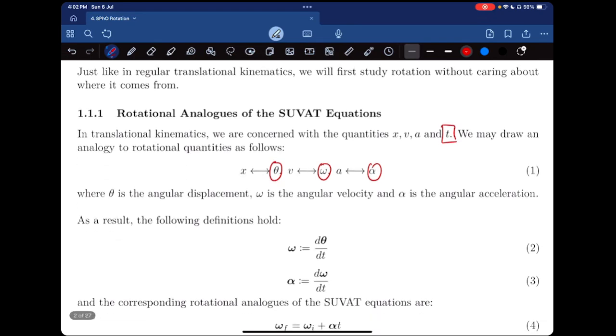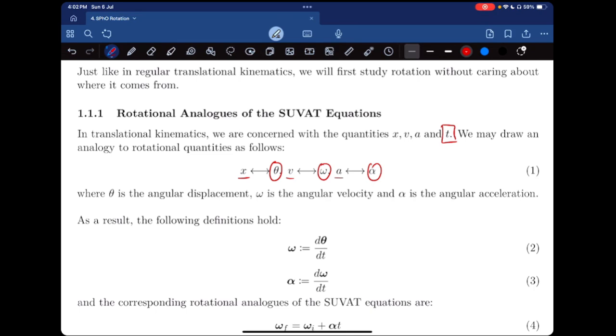And there's a nice way of thinking about this in terms of analogy because your x, which is your linear displacement, is directly analogous to your theta, which is your angular displacement. Likewise goes for your v and your omega and your a and your alpha. So what this means is that you can essentially just treat rotation as another version of translation, which is very nice because all the quantities are in some way analogous to each other.